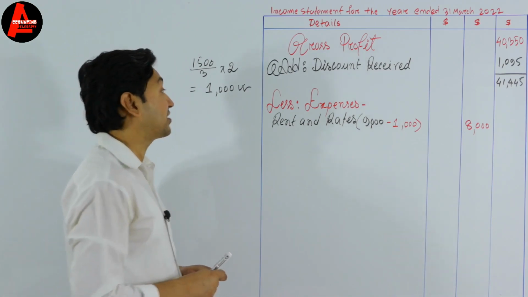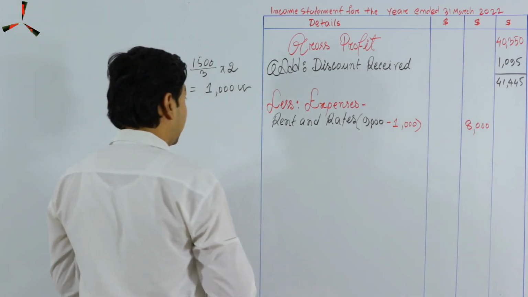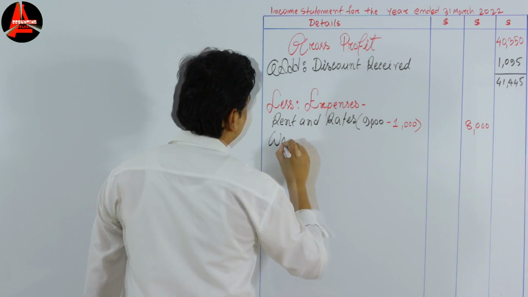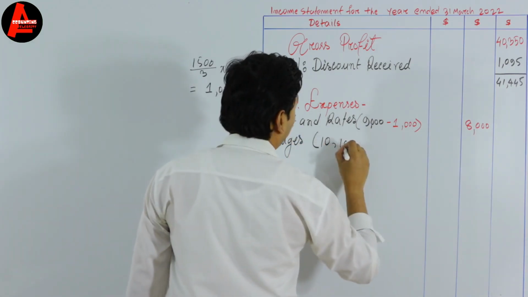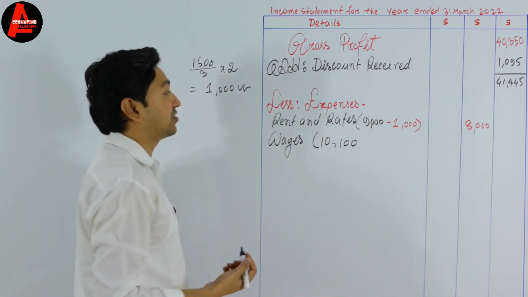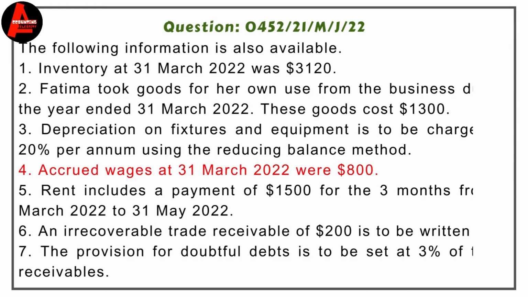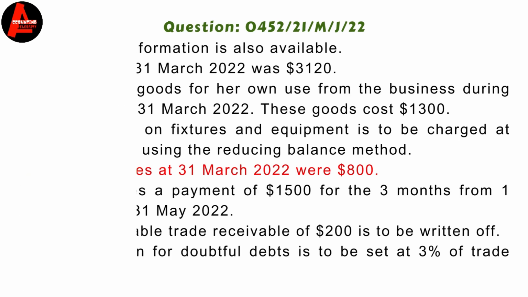Then we have our next item, next expense is here wages. So we have here $10,100. Okay, so same, we have an adjustment. Let us have a look at there. So here number 4, accrued wages at 31st March 2022 were $800.